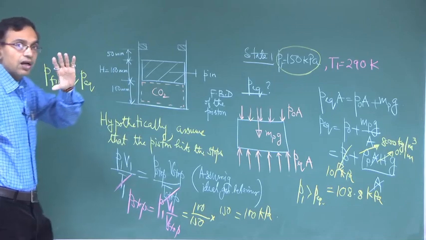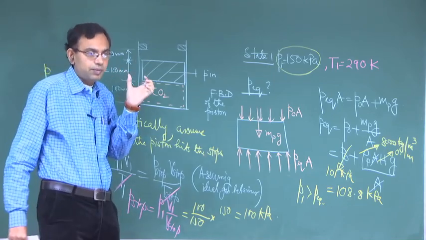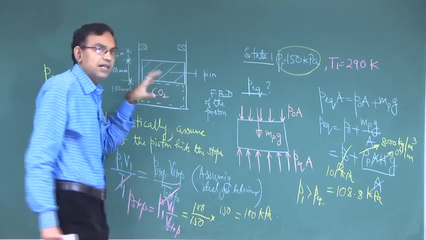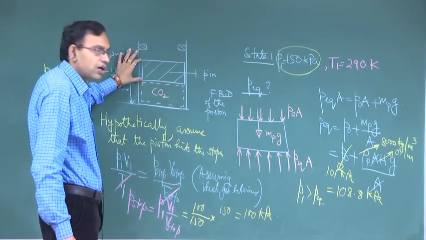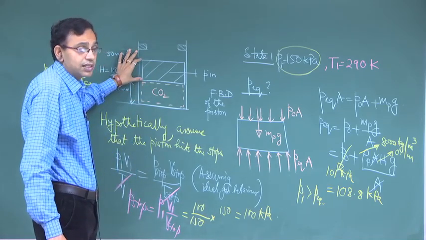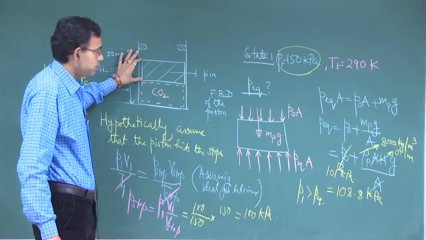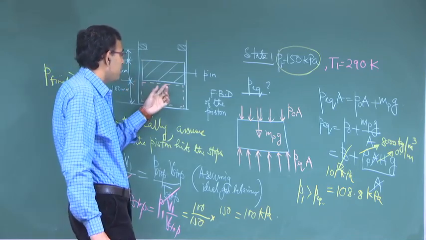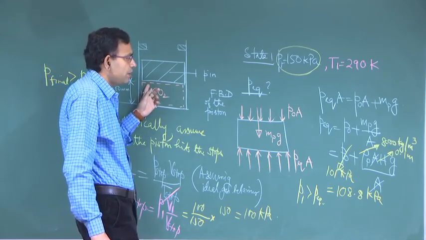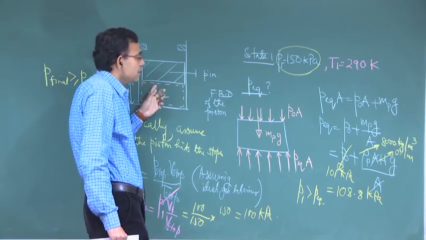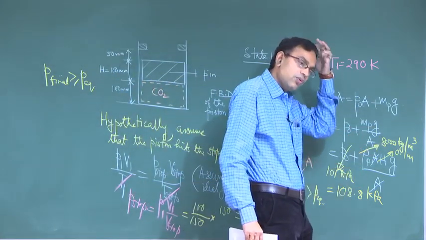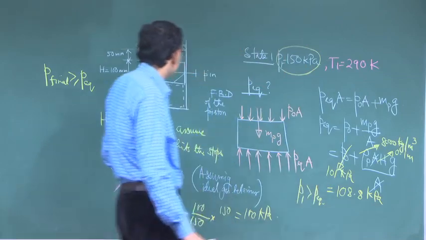So, this conceptual understanding you have to develop: in the thermodynamics that we are studying in this course, if the piston is moving, it is moving in a quasi equilibrium process. That means the pressure here is always the equilibrium pressure. The resistance pressure is not changing, so the equilibrium pressure is also not changing.